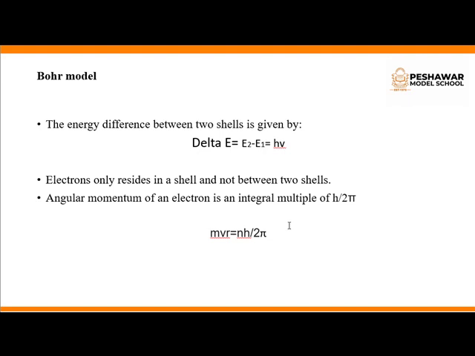If it is L, it will be equal to 2, and so on. m is the mass of an electron, v is the velocity of an electron, and r is the radius of the orbit in which the particular electron is revolving, while h is Planck's constant and its value is 6.6262 into 10 raised to power minus 34.